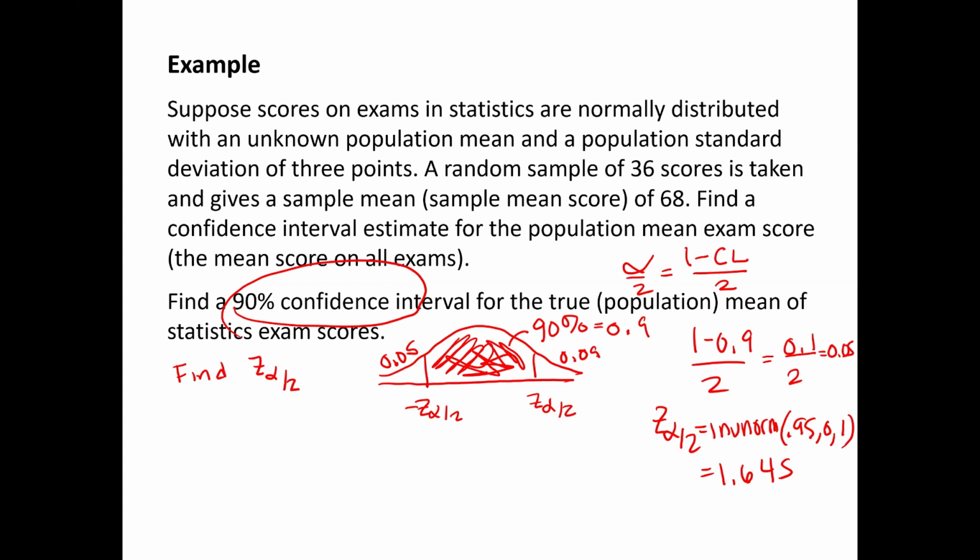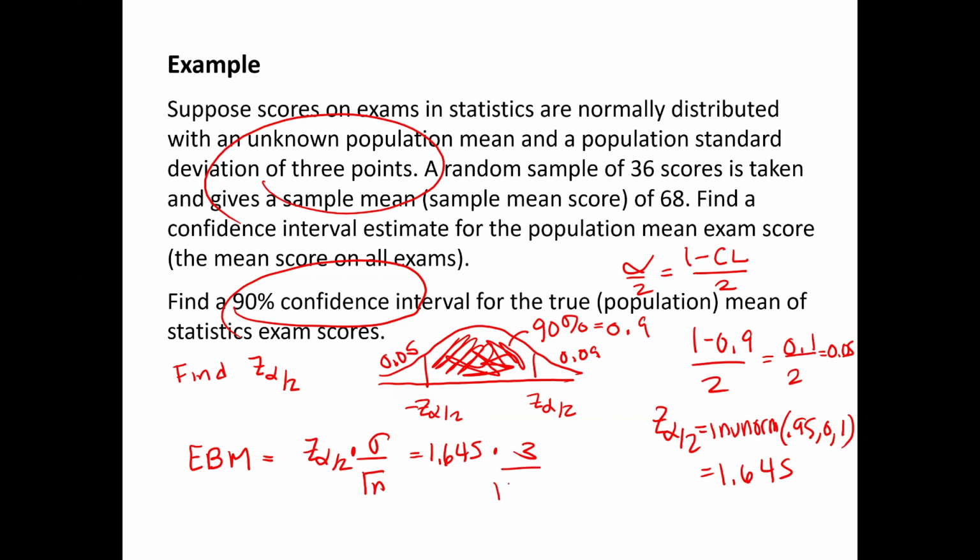Okay, so now that I know the Z sub alpha over 2, how do I find the error bound of the mean? The error bound of the mean is Z sub alpha over 2 times sigma divided by the square root of n. So we have what? 1.645 times, what was my standard deviation? 3, right there.